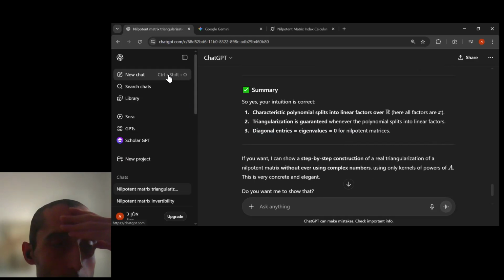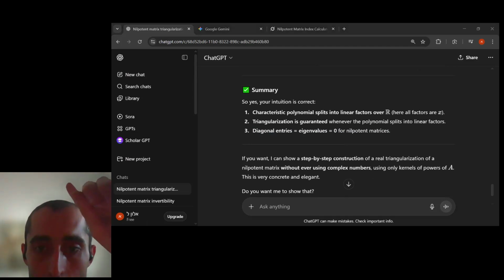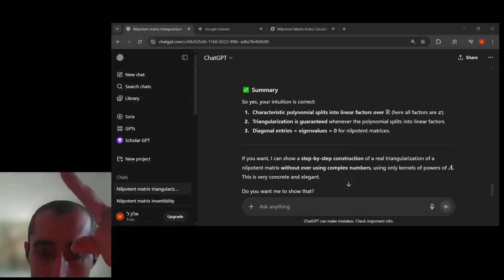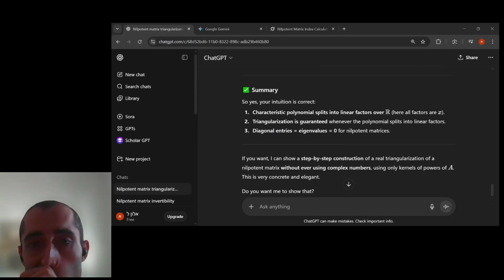You can triangularize every nilpotent matrix, but you cannot diagonalize it.